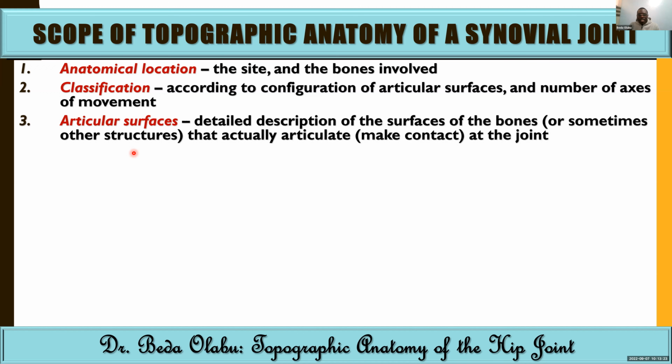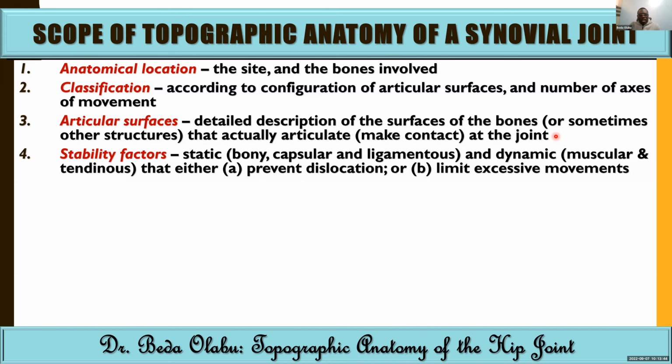Sometimes there are other structures which are also participating in articulation, and so it's also okay to mention them. But we need a detailed description of the structures that participate in the articulation of that joint.